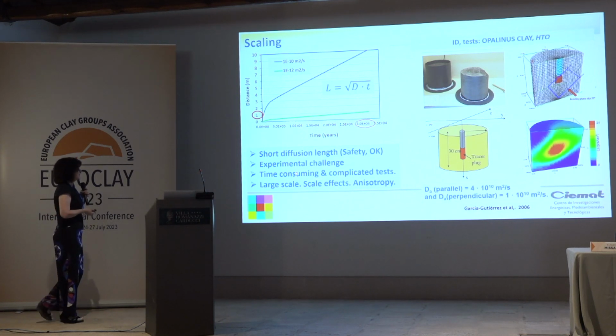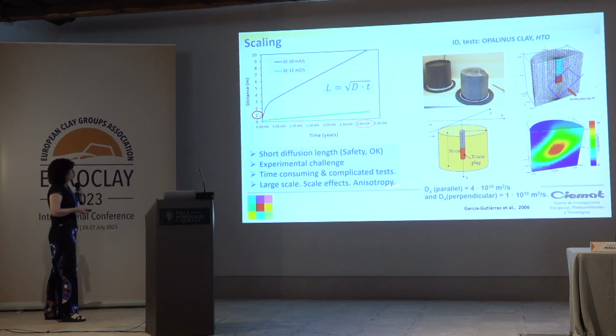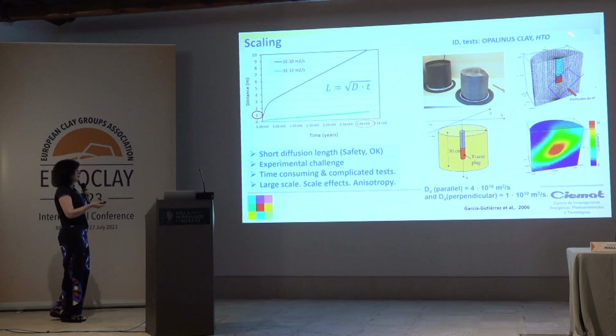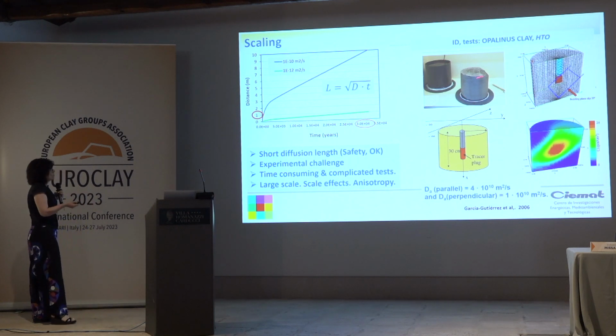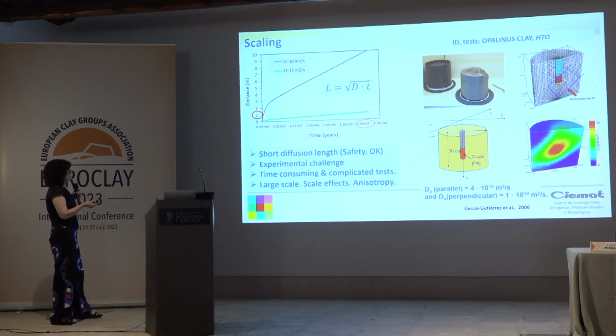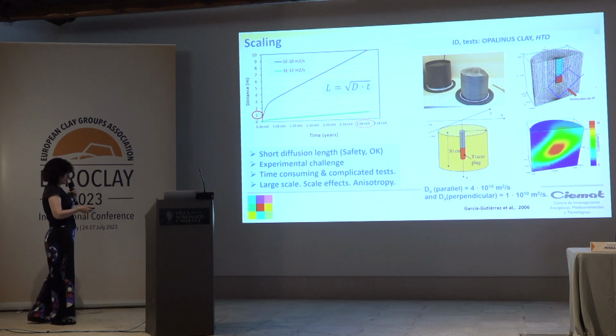The experiments are actually time-consuming and complicated, above all when we want to go to a larger, more realistic scale. This is an example of a diffusion experiment made in Opalinus clay, in which we also observe a sort of anisotropy in the system, and we can determine the diffusion coefficient for tritium in the direction parallel and perpendicular to the bedding plane.